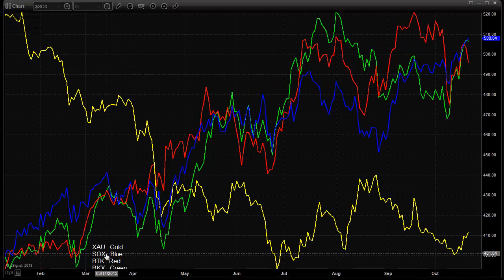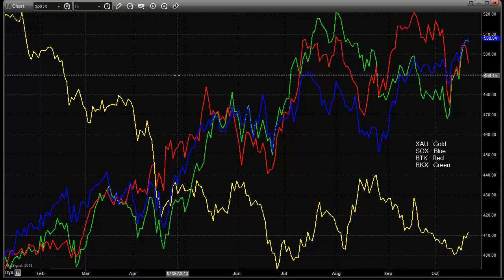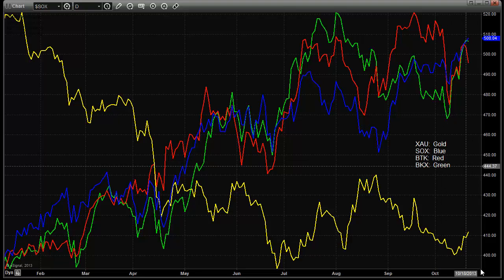All right, now looking at the individual sectors on the day. Let me move my labels, they're in the wrong spot. There we go, so you can see it. On the day, the BTK here, the red line, definitely saw some weakness, some profit taking, a little rotation out of the biotechs into the true techs. Netflix may solidify that a little bit further tomorrow.